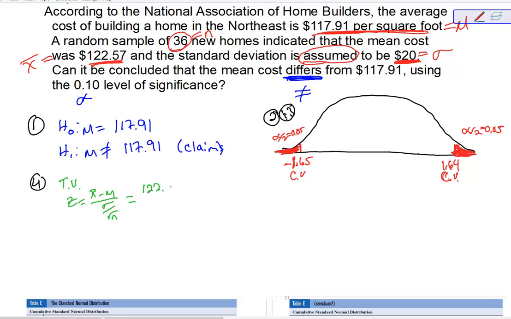So that's 122.57 minus 117.91 divided by 20 divided by the square root of 36. So 122.57 minus 117.91 gives me 4.66. 20 divided by the square root of 36 gives me 3.333.